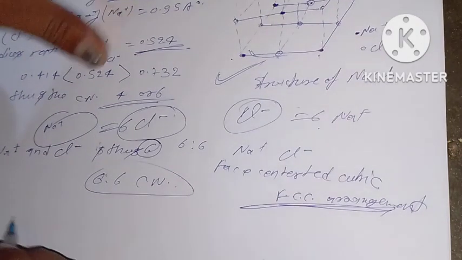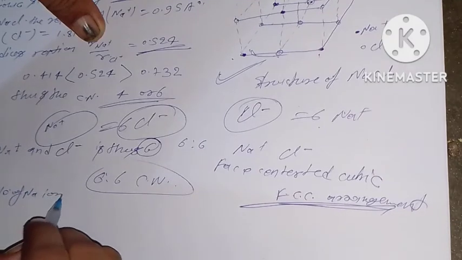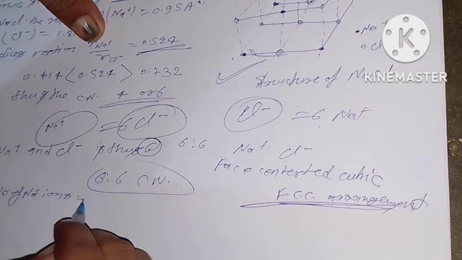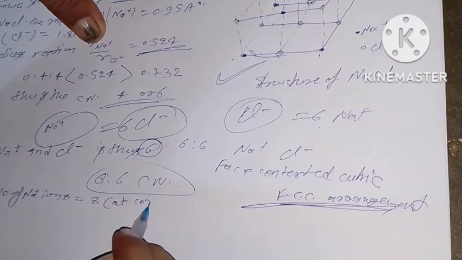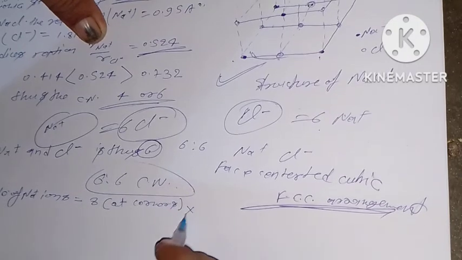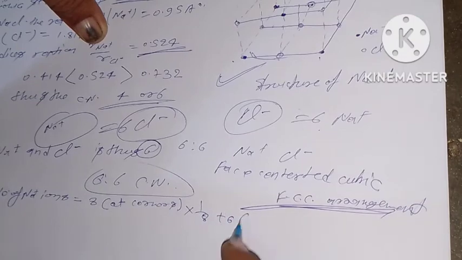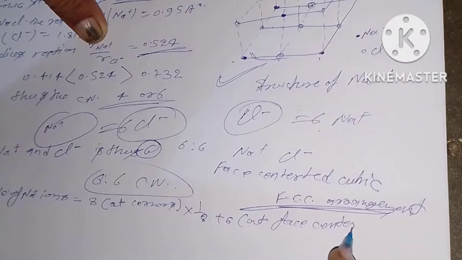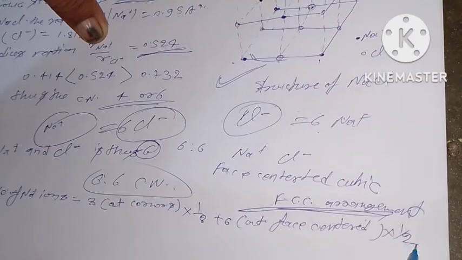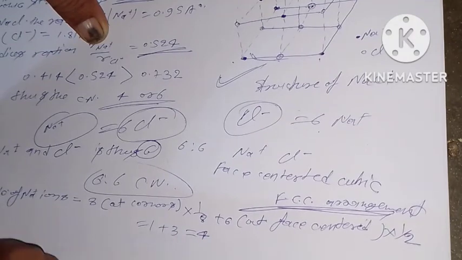Number of sodium ions is 8 at corners multiplied by 1 by 8, plus 6 at face centers multiplied by 1 by 2, that is 1 plus 3, that is 4.